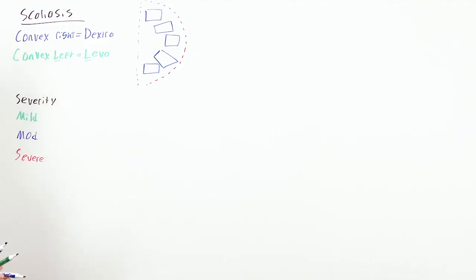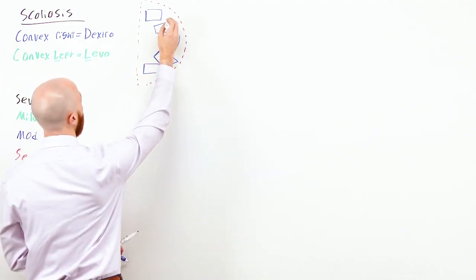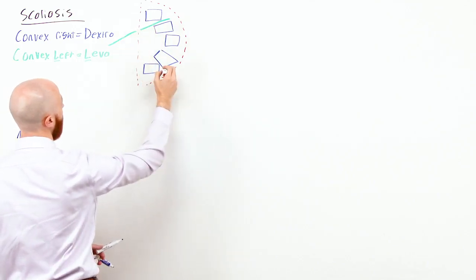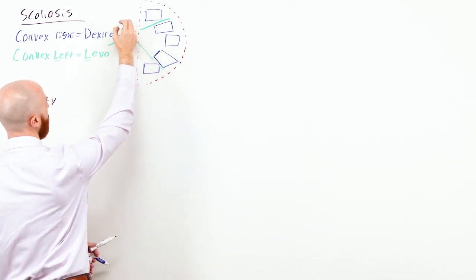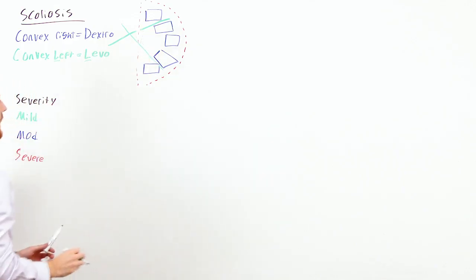Well, it's going to be the angle of the curve, and we calculate that by using the Cobb angle. We're not going to go over the exact mechanism of how to calculate the Cobb angle. Just remember that you take the angle of the top of the curve and the bottom of the curve, and this is going to give you the angle of severity.